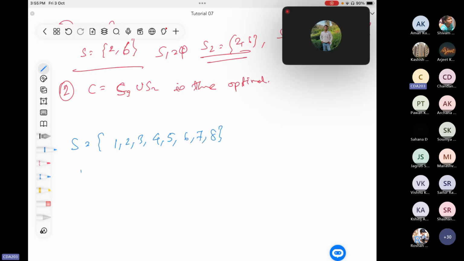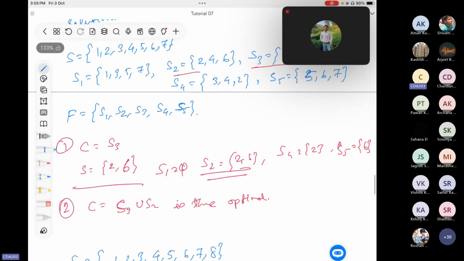Now S1 is empty. S1 is basically S1 minus S3. So S1 is a subset of S3, and S1 minus S3 is the empty set.